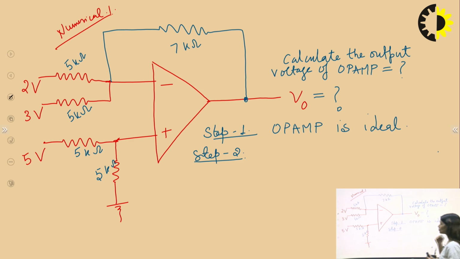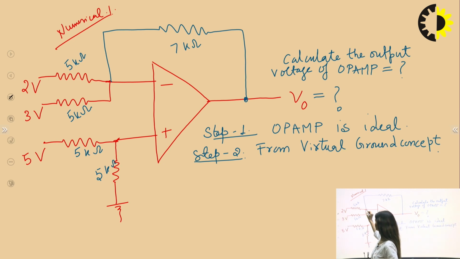In step 2, we will write from the virtual ground concept, this point voltage A, let's say the voltage is VA, VB.